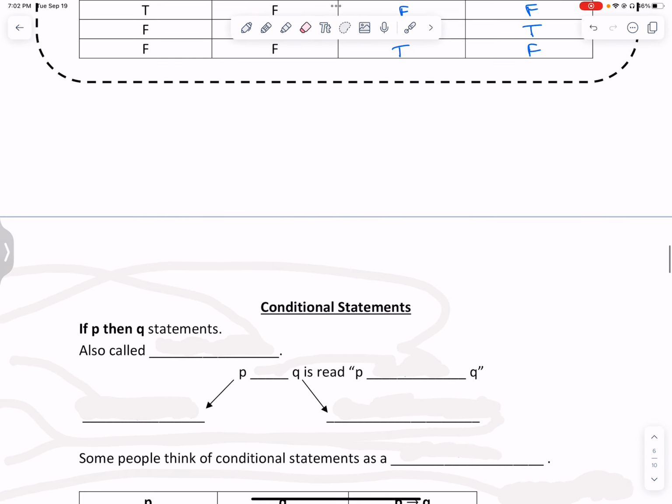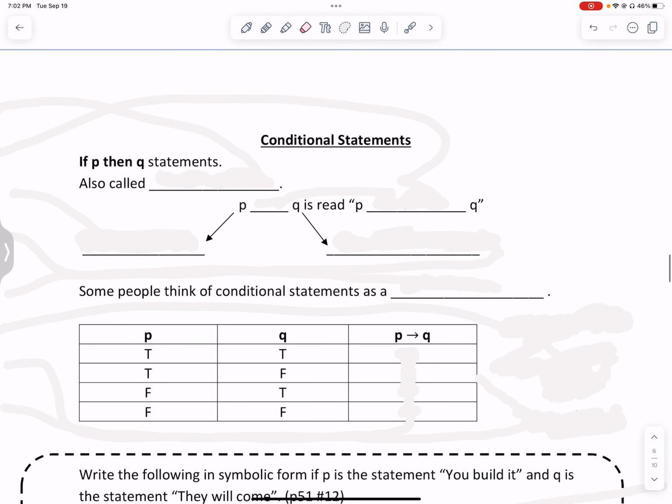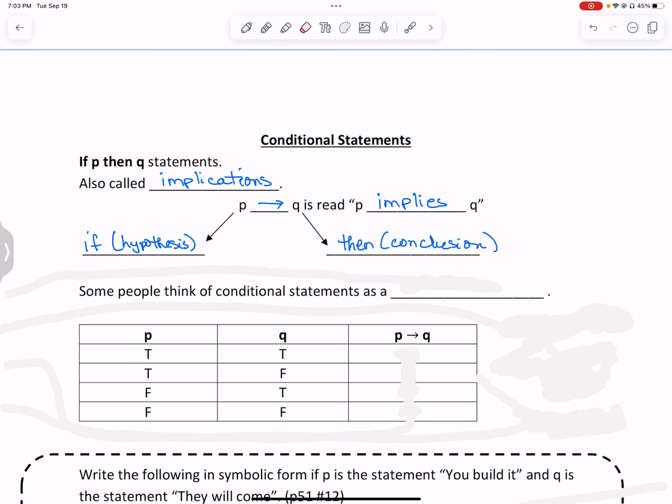All right. So we also have conditional statements. A conditional statement is an if P then Q statement. These are also called implications. You use that little arrow and you read it, P implies Q. So P is sort of the if: if this happens, then Q is the then: this is going to happen.